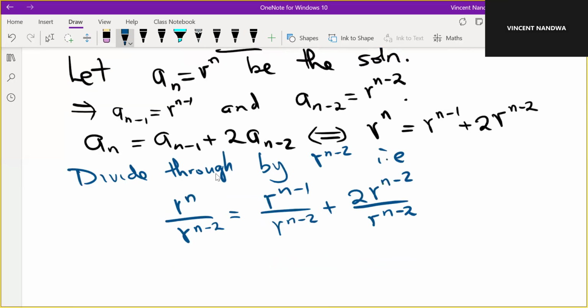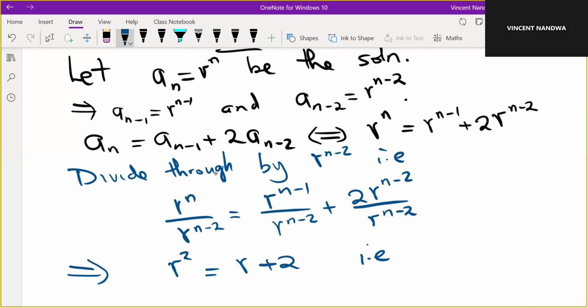So what is r^n over r^(n-2)? What will be the new power? r squared equals r to the power 1 and then plus just 2.